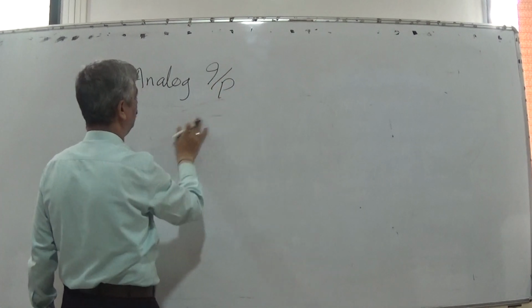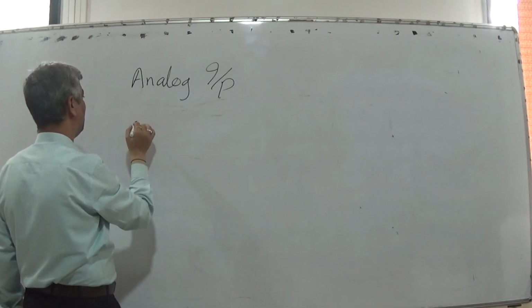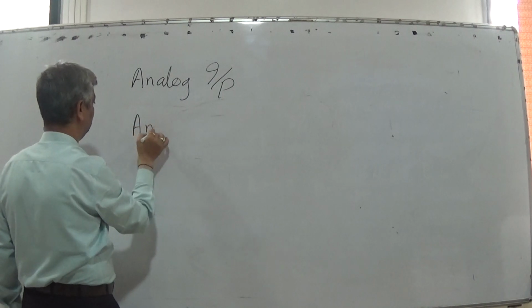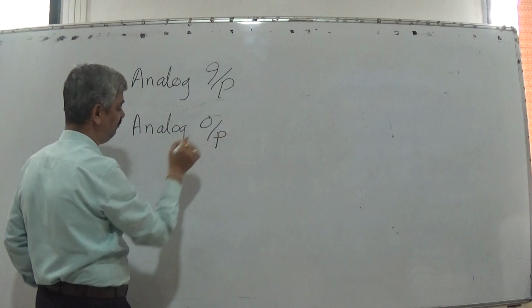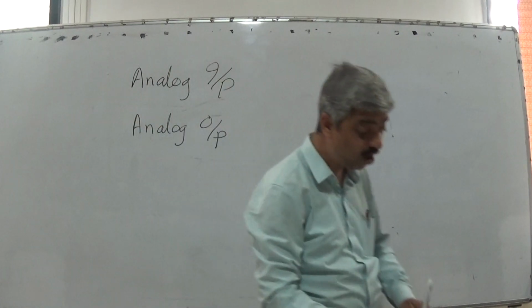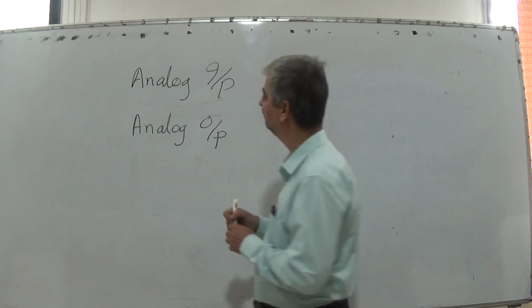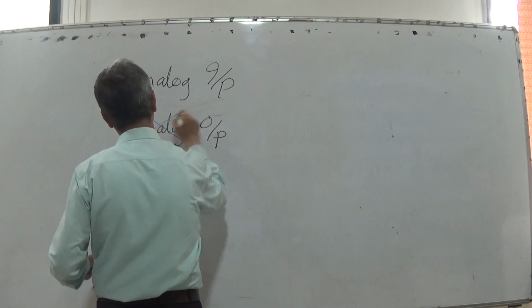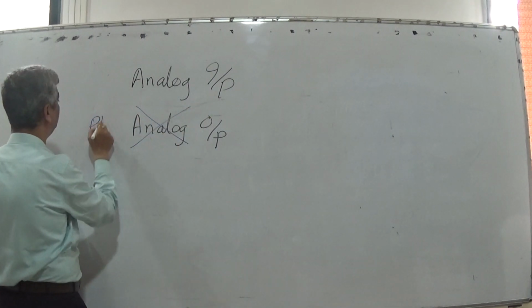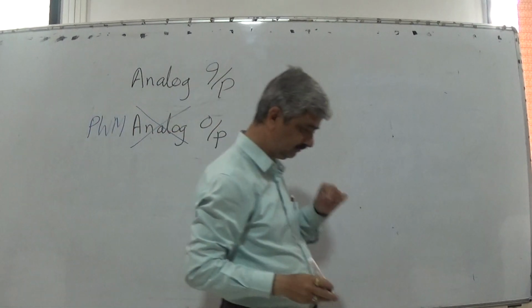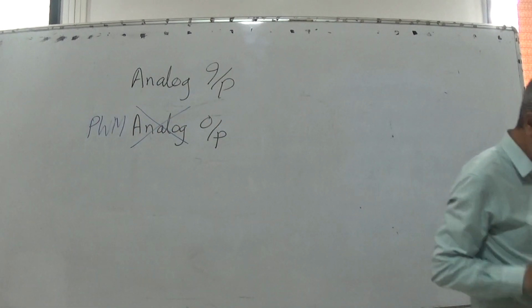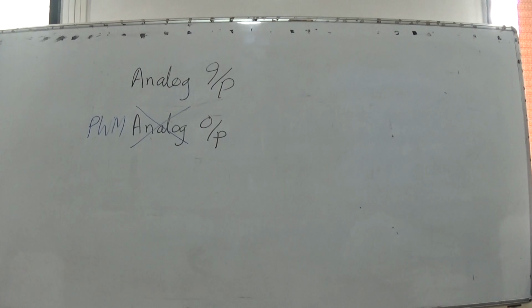The next input is analog input, and the next output, this is a wrong name I am giving right now, is that analog output is not there for the microcontroller, but a PWM output. PWM output.